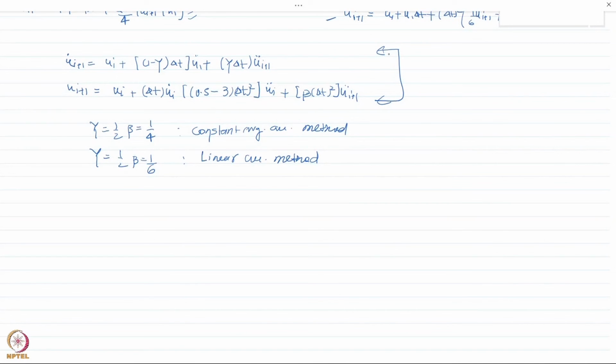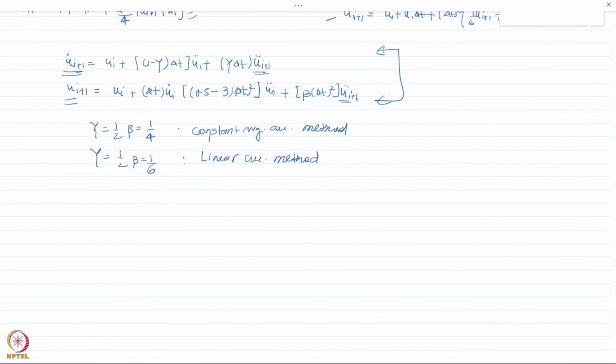Now if you look carefully here, the velocity and displacement at step i plus 1 depend on the response parameters at the previous step, but I also have this parameter here, which is basically the acceleration at the current step.